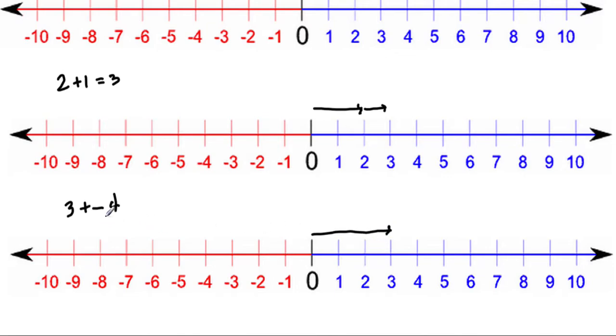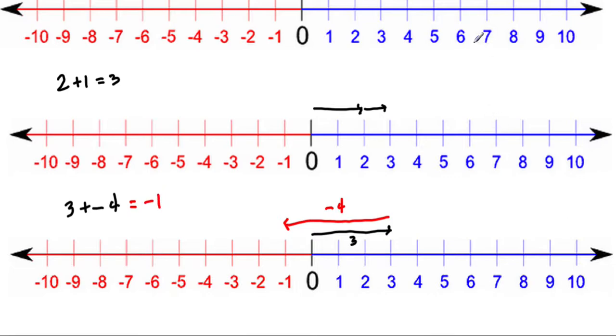And then since you're adding negative 4, you're moving 4 spaces to the left. So 4 spaces to the left will bring you here. So 3 plus negative 4 will give you this number, which is negative 1.